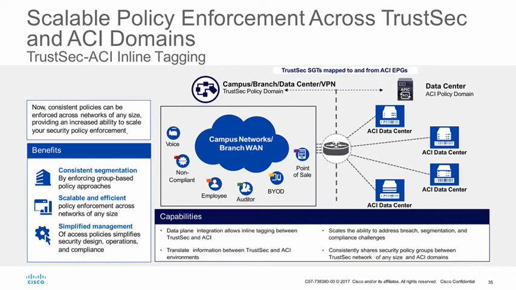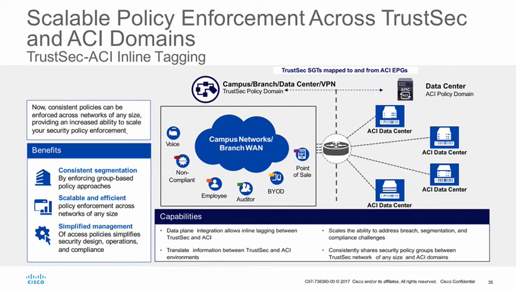So in addition to just the enterprise network, where we can do our user to data center and cloud, and our campus to branch and intra data center segmentation, if I've got customers that have adopted ACI and have deployed that into the data center, TrustSec and ICE can also work across those ACI domains as well. So we have these EPGs inside of our ACI domain, and when we integrate those with ICE, they can be transferred to ICE.